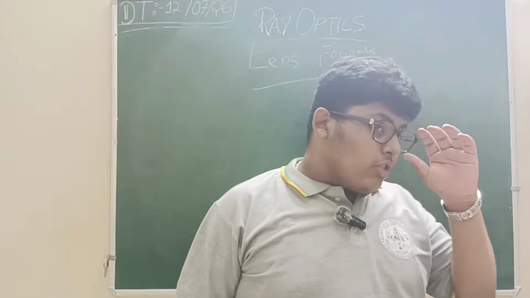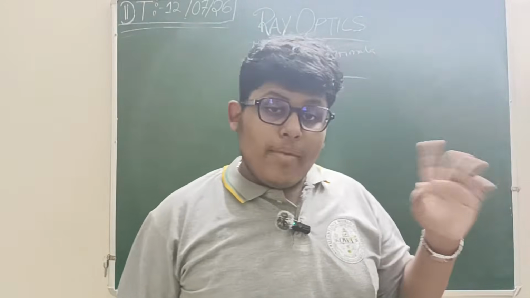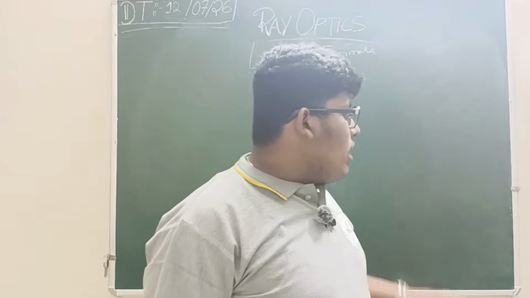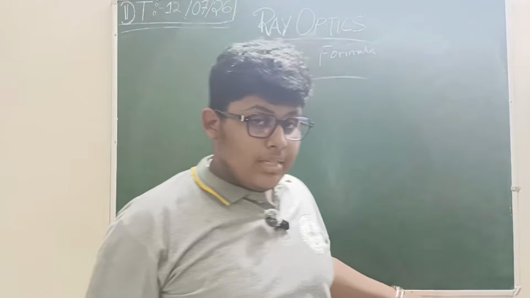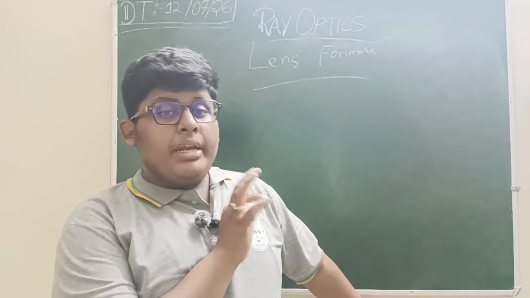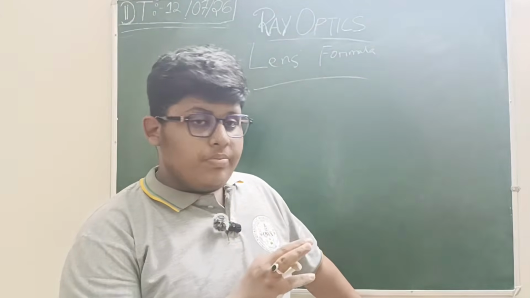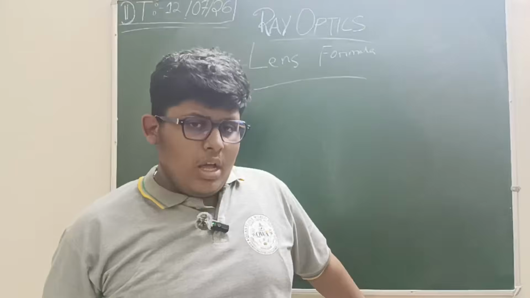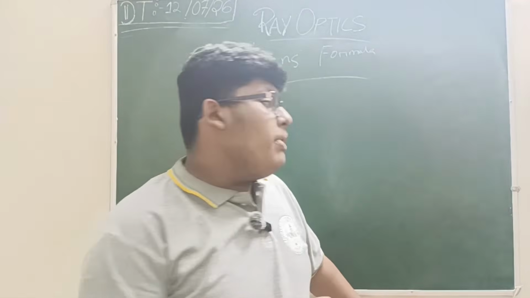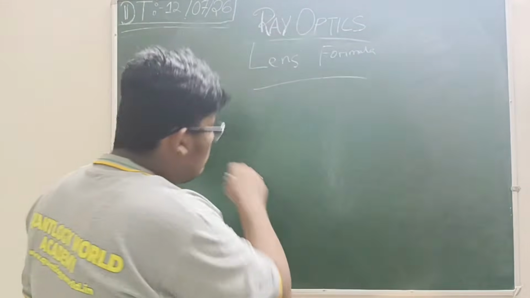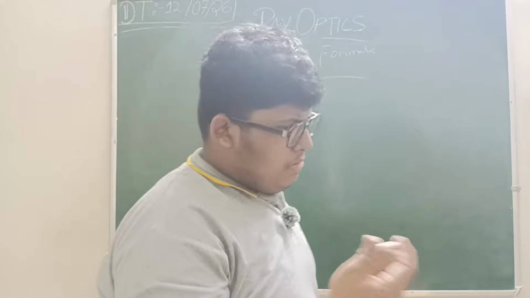In the last class we completed the mirror formula and magnification, and in this class we have already completed the refractive index part. This is the last main important topic of this chapter, that is lens formula. Many numericals come based on this formula. It is similar to the mirror formula.